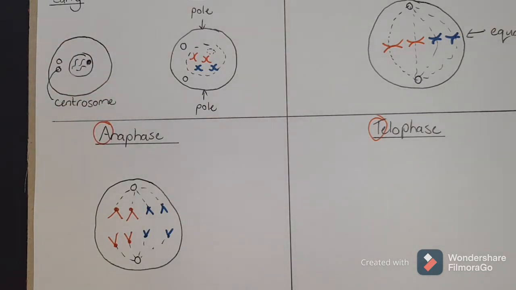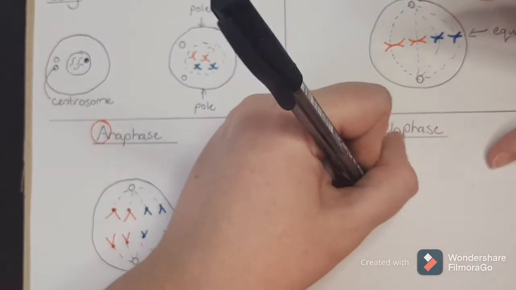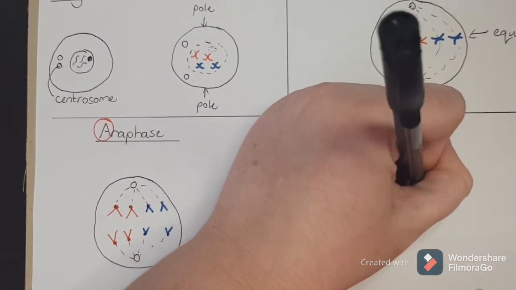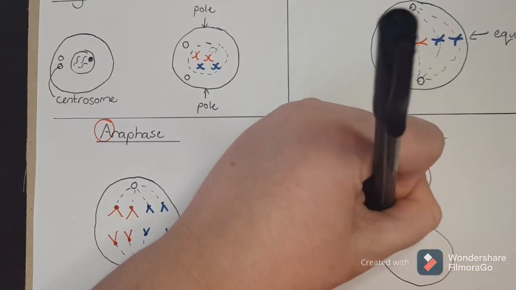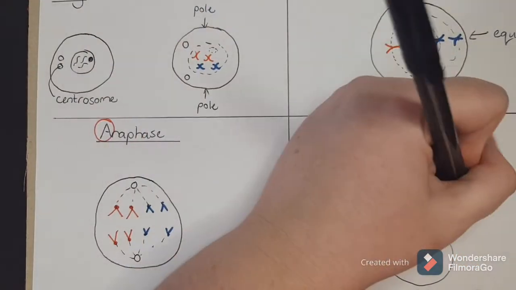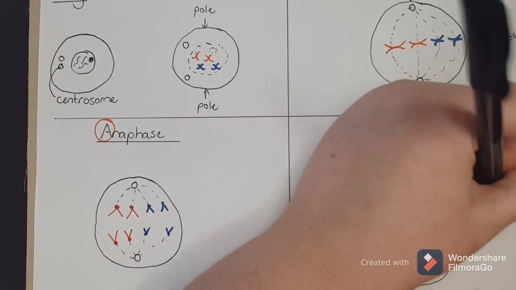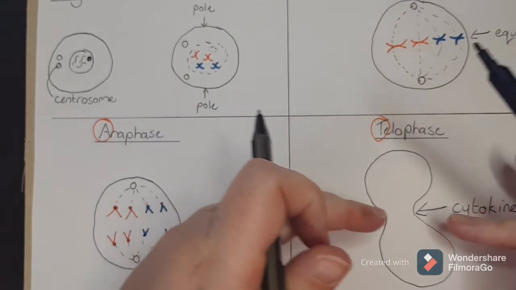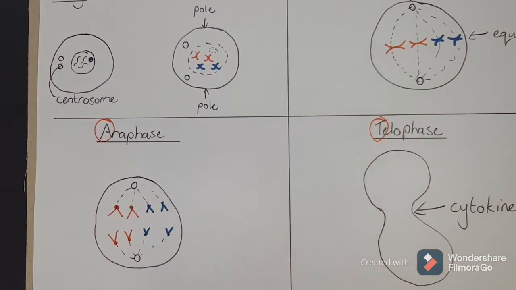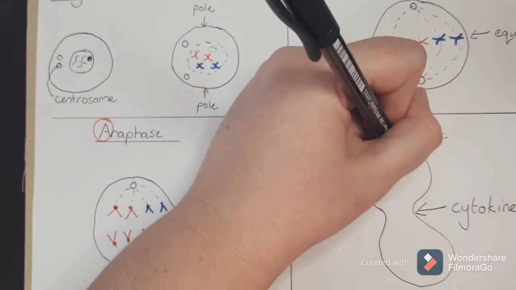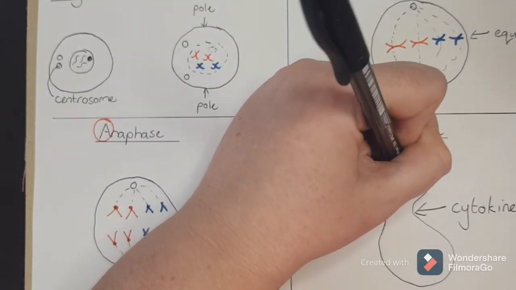And then at telophase, what happens is the whole cell starts to cleave inwards, like we say, in the middle, and that is called cytokinesis. So where the cytoplasm starts to pinch to start to make two separate cells, the nucleus starts to reform.